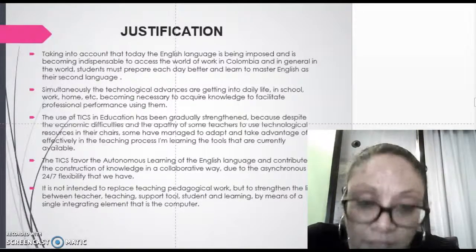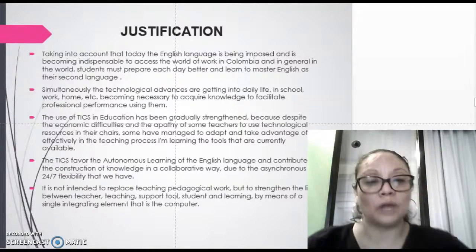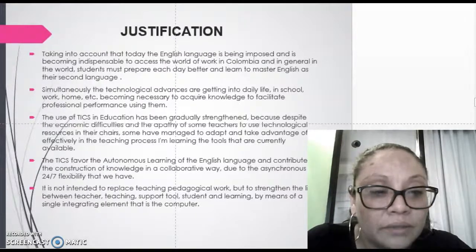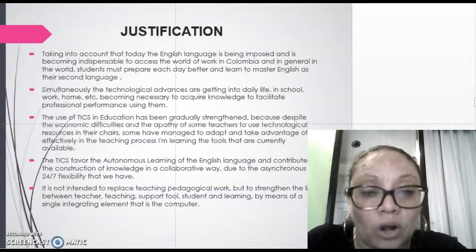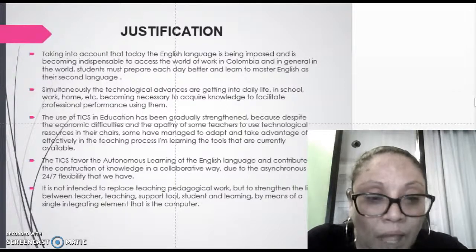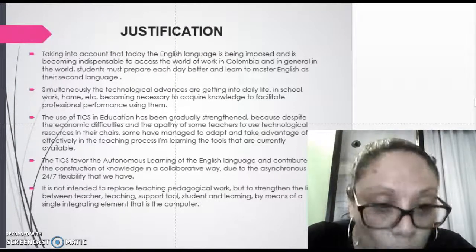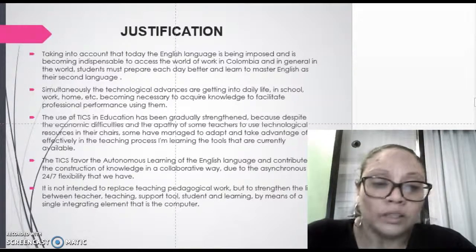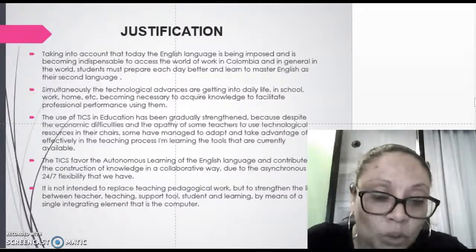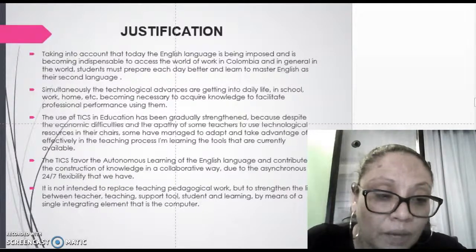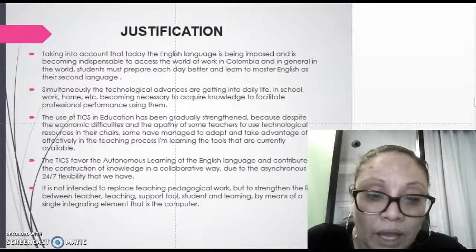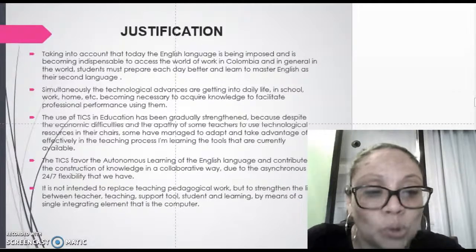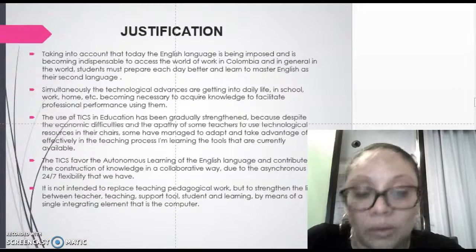The use of TICs in education has been gradually strengthened because despite the economic difficulty and the apathy of some teachers to use technological resources, some have managed to adapt and take advantage effectively, in the teaching and learning process, of the tools that are currently available.